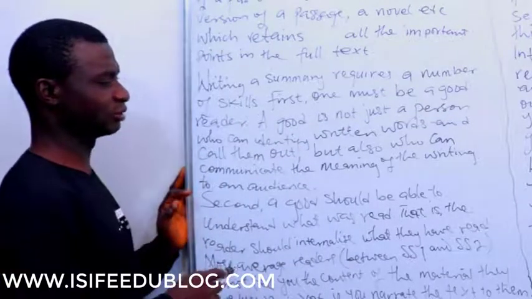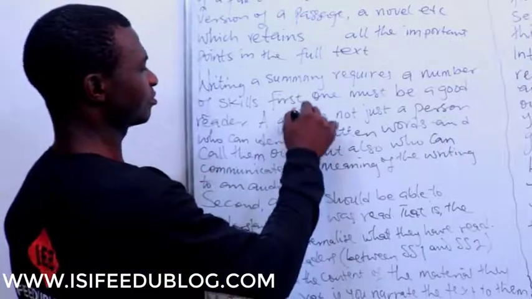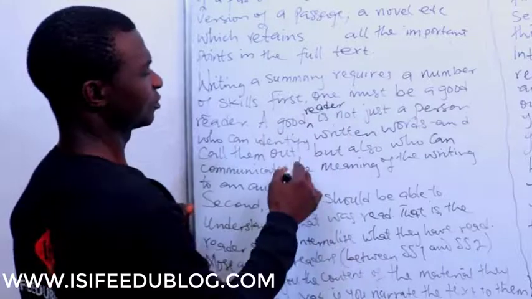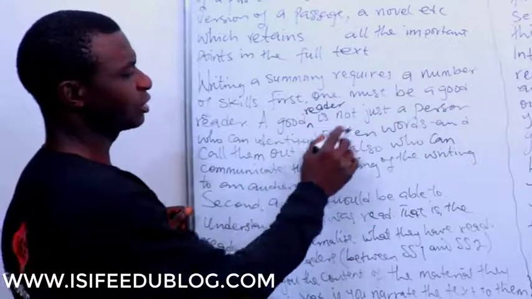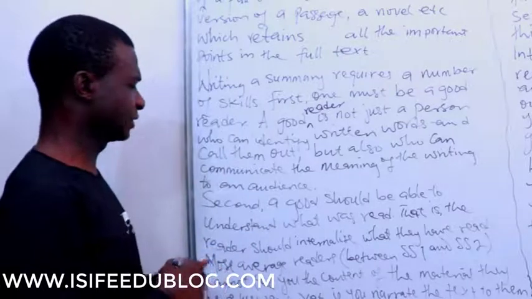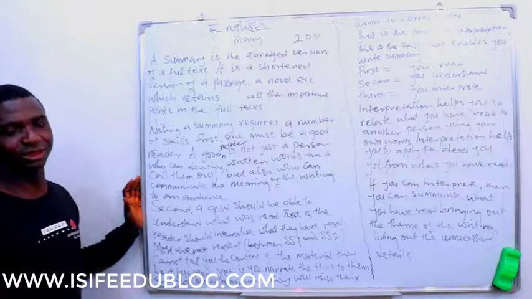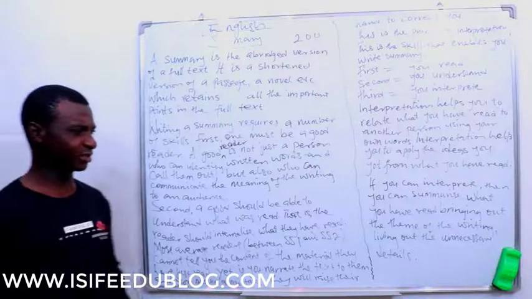What does it mean to be a good reader? A good reader is not just a person who can identify written words and call them out. No, that's not just a good reader. Let's look at it.